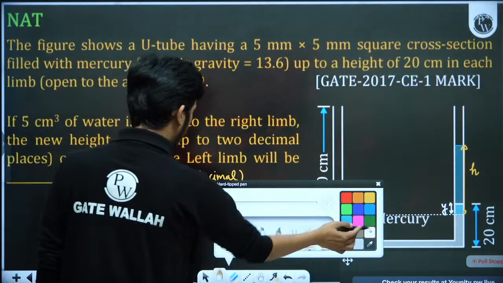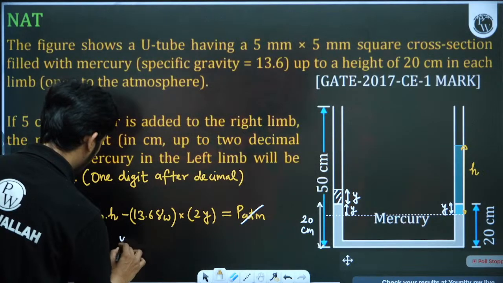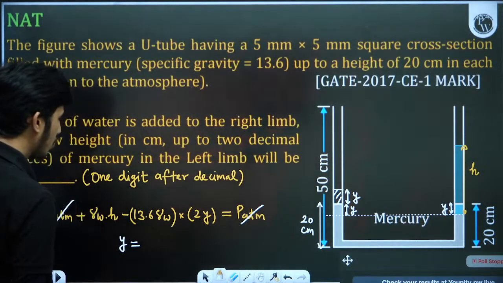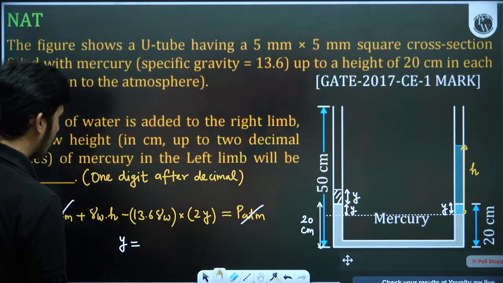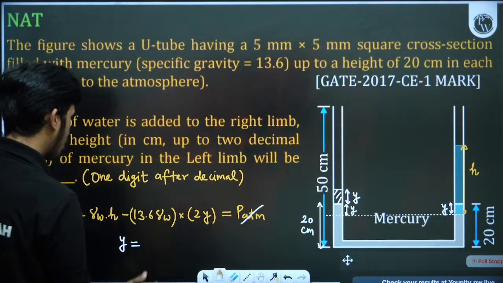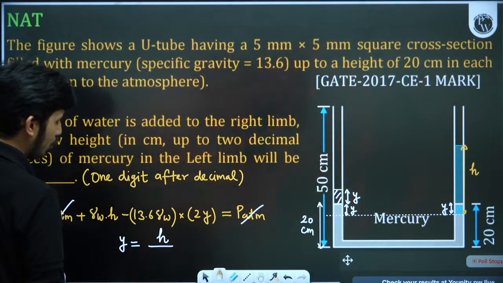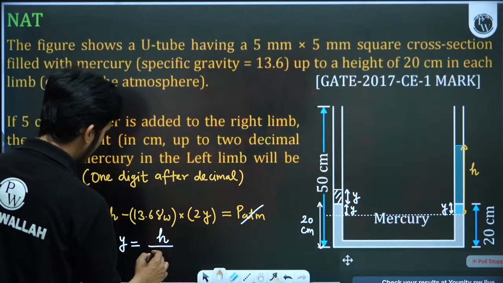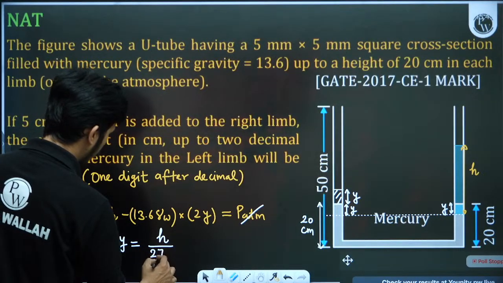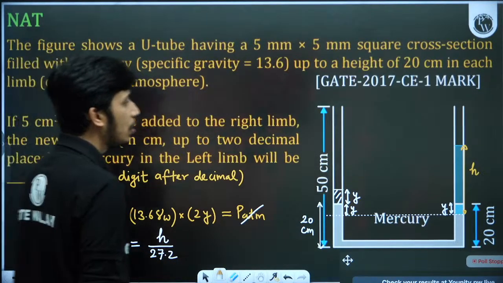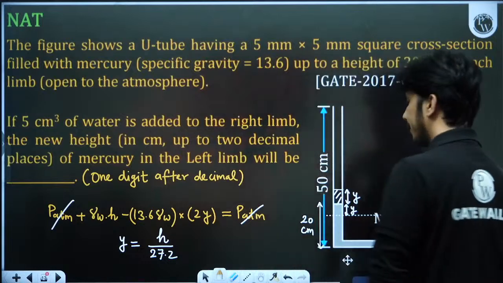So now we write y as gamma W into H upon 13.6 into 2, which is 27.2. Now what is H?